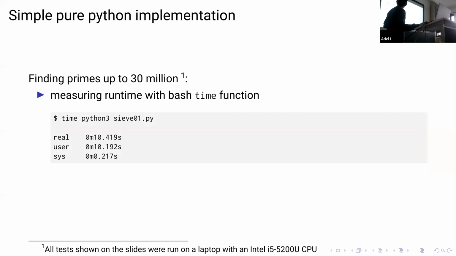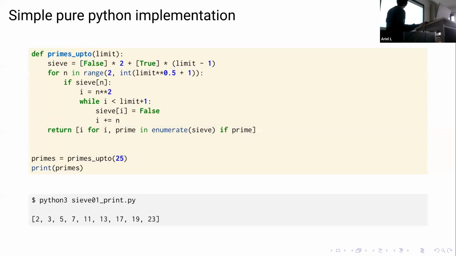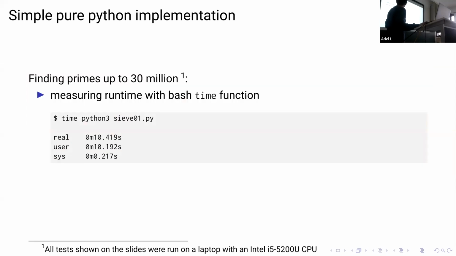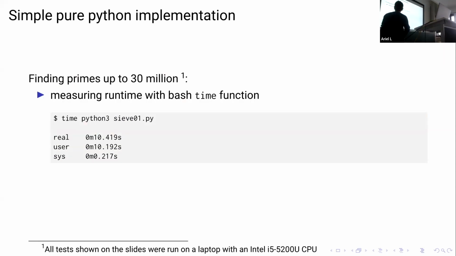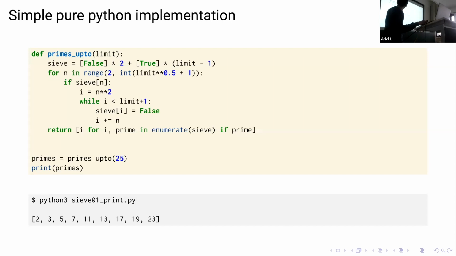Of course, we are running this up to 25, so it will take almost nothing to run on any kind of computer. So if we remove the print statement, otherwise we will get a huge amount of things written out, but we ask for all the primes up to 30 million.